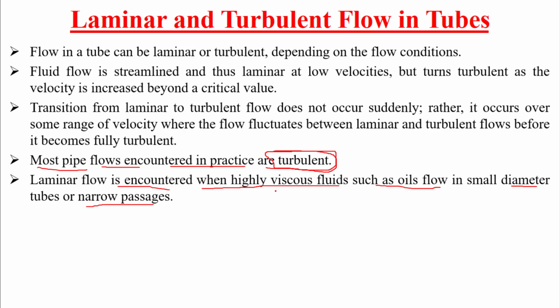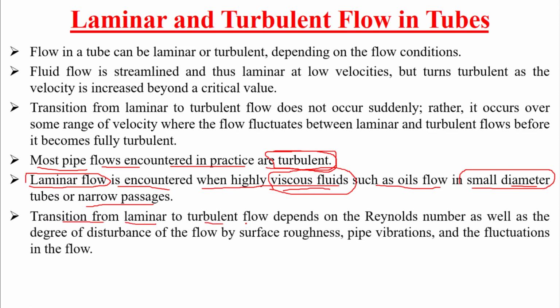Usually when we deal with very viscous fluid, we expect the flow to be laminar, like crude oil, which is very viscous. So we expect that the flow is laminar, especially when we are dealing with very small diameter.